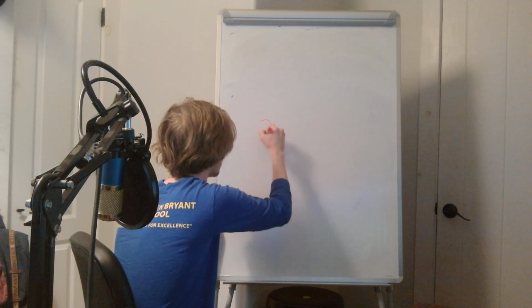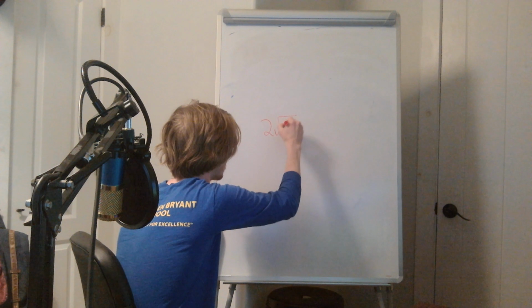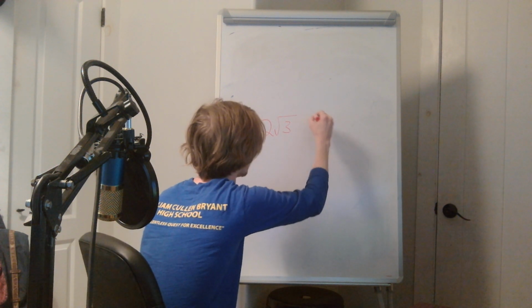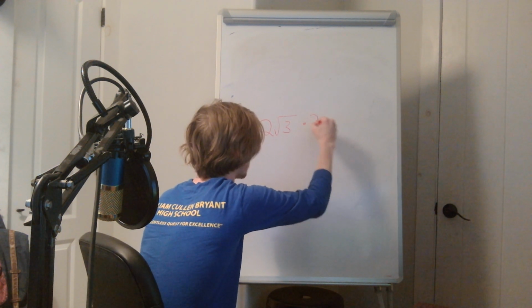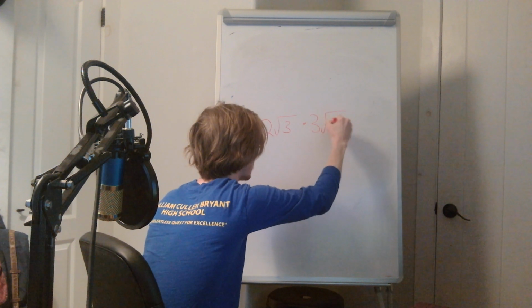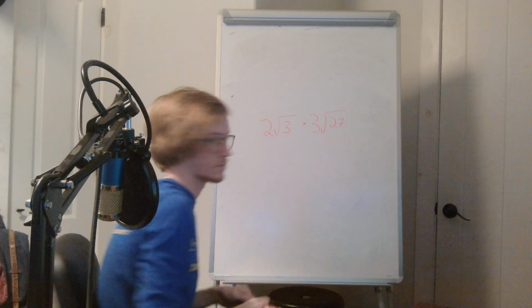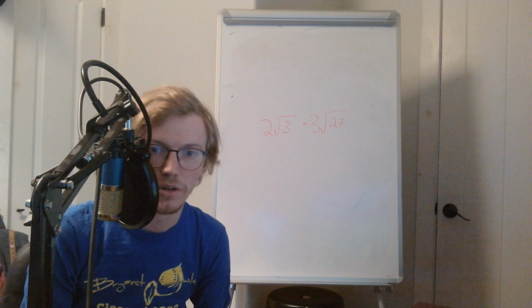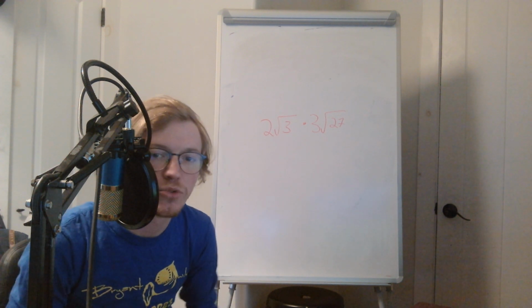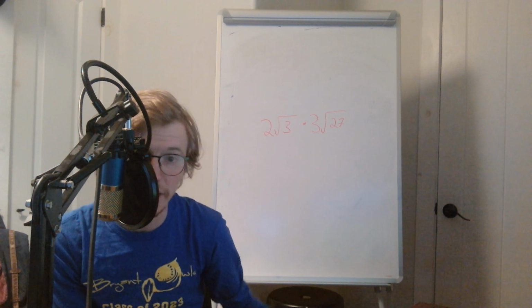So let's go ahead and get started with this problem here. Okay, so we got 2 square roots of 3 times 3 square roots of 27.